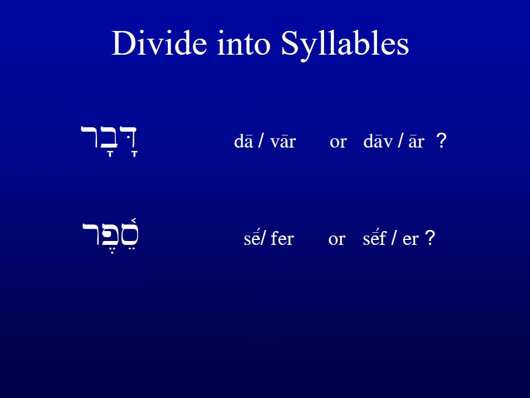So the question is, should we divide this word as safer or as safe-er? Now again, we have the same issue we had before, which is that you can't begin a syllable with a vowel, and so the second version there is not allowable. So this word is safer, safer.